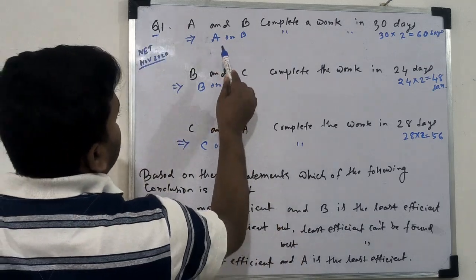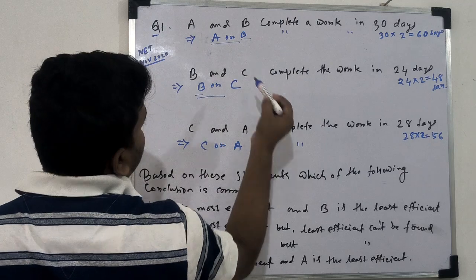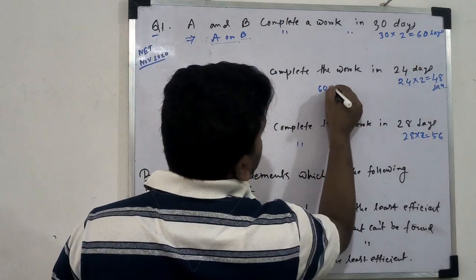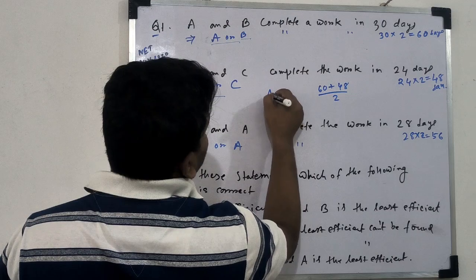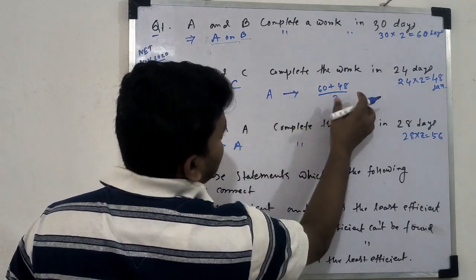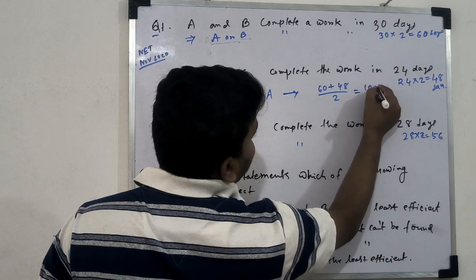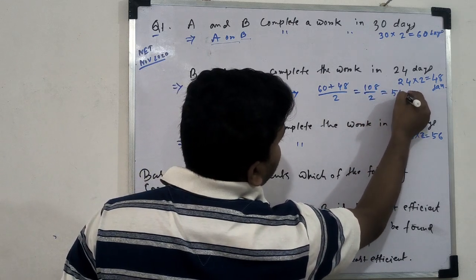So from this and this, B is present in both. If we add 60 plus 48 and divide by 2, that is 108 divided by 2, that is 54 days.